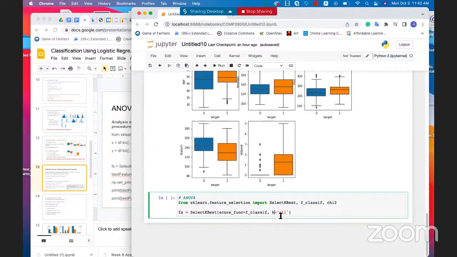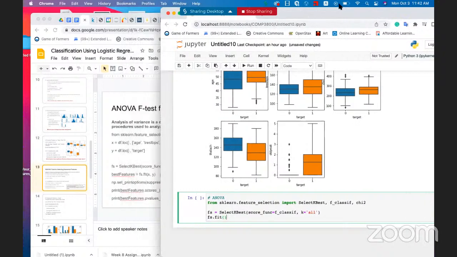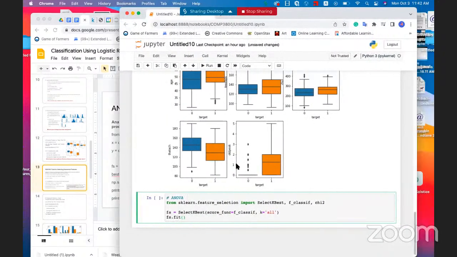Here, I want to generate the F score for all the variables, and I want to select manually. But if it's a big data set with 25 or 50 variables, then you can set how many features you want to choose, like 6, 5, or 10. Then, like what we did with the linear regression, you just fit with the x.